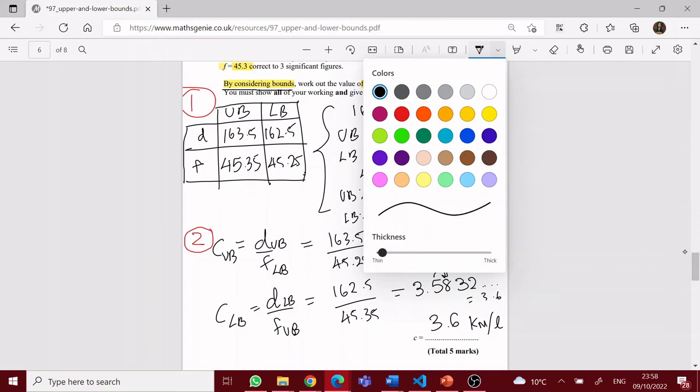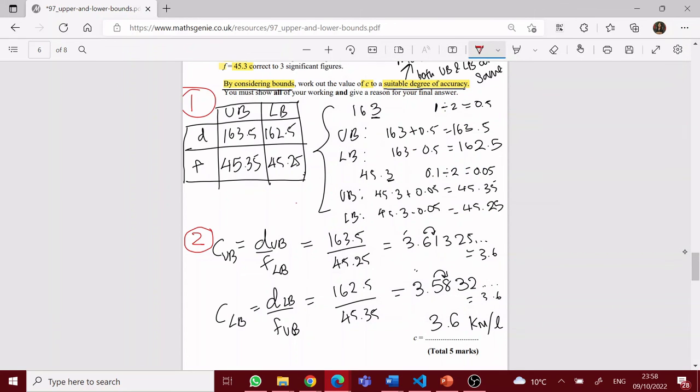So let's just do a final run through of the steps. First step, find the upper and lower bound of each individual unknown, so D and F. Then create the equation. Third, sub into the equation. Fourth, put it in the calculator and get numbers.